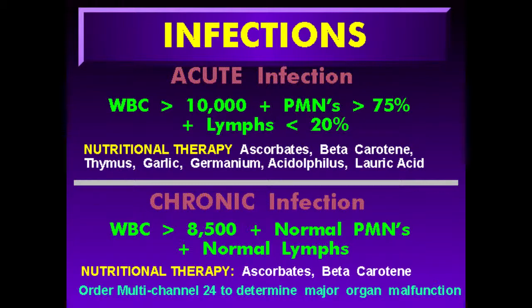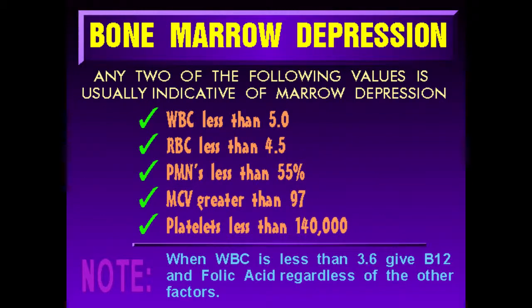Chronic infections typically will show a white count above 8,500, and the segmented neutrophils and lymphocytes appear essentially normal on the differential. Nutritional and functional bone marrow depression is common and often missed by most physicians.